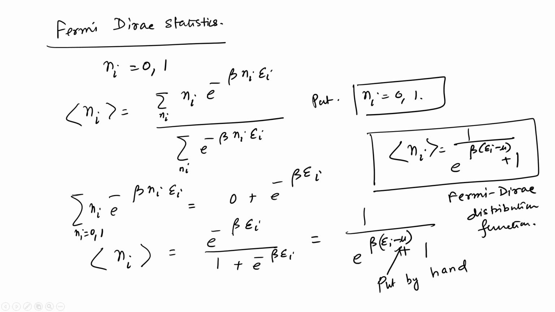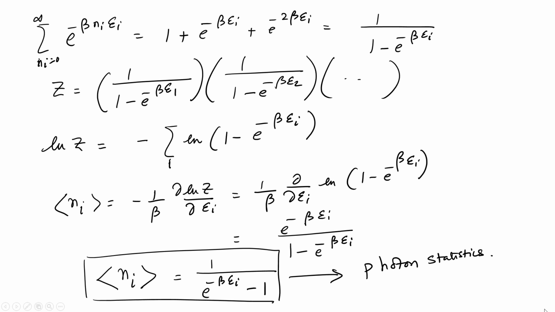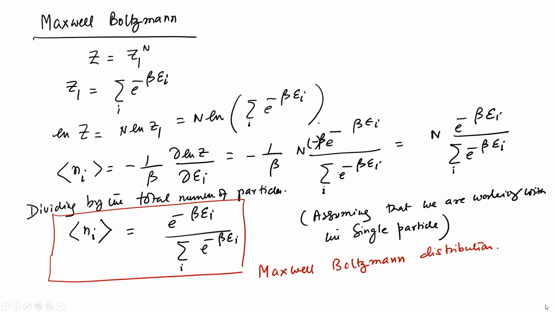Okay. So, we have derived all these three distribution functions, which give you the differences. The Maxwell-Boltzmann distribution is simply exponential minus beta epsilon I. The denominator is equal to 1.